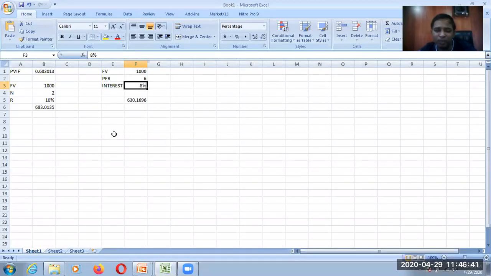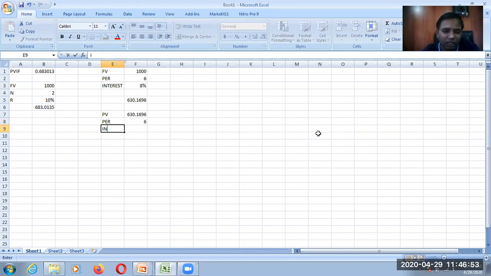Let's say, for example, I am depositing 630 rupees today. Let us say this is the present value, the period is 6 years, and the compounding interest rate that I will be using is 8%. So my future value will be 1 plus the rate of interest raised to the period.